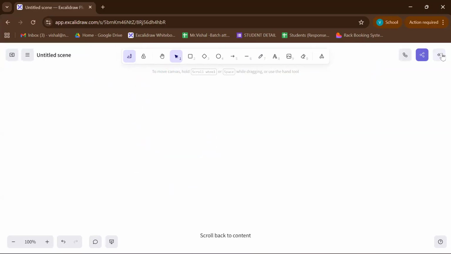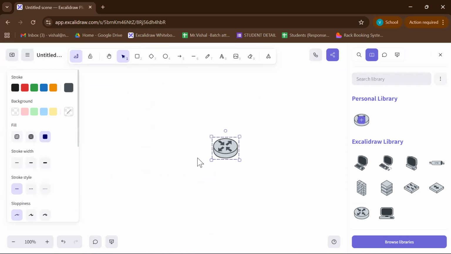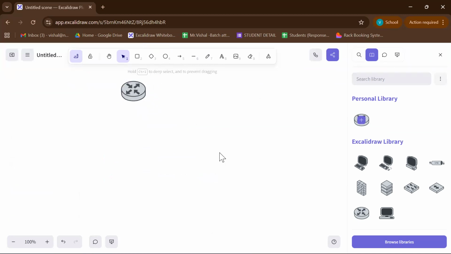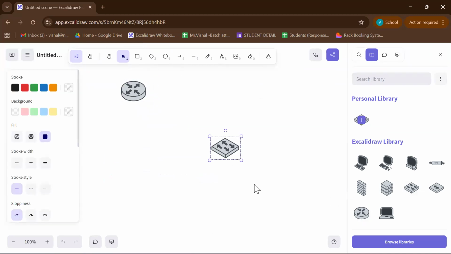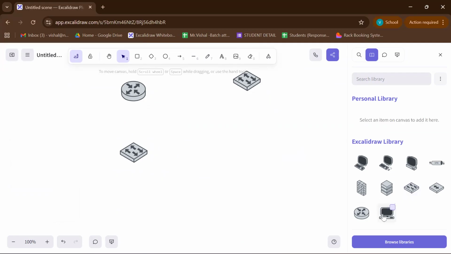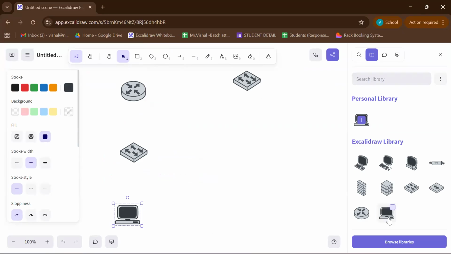Okay, let me show you. Same router, then one switch. Here also one switch, one PC, one PC.